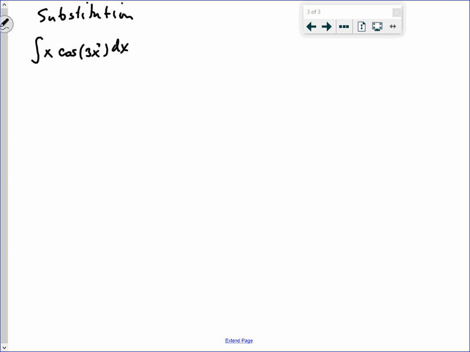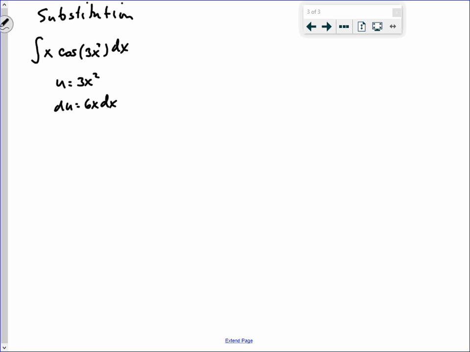So maybe you can use this x that's out in front with the dx. If you let u be 3x squared, then du is 6x. Remember to put a dx on there.